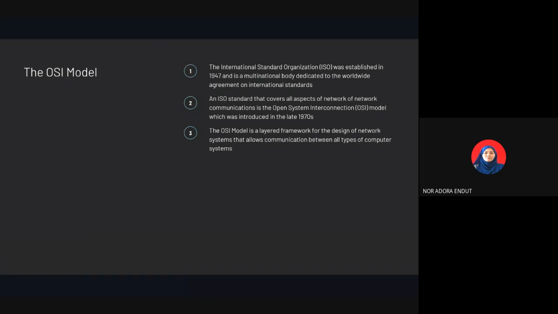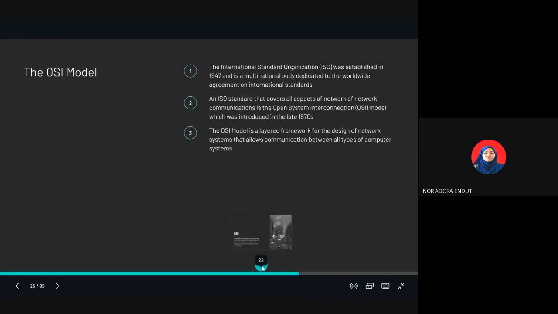So basically dia body yang menggubal apa-apa standard yang semua orang akan guna pakai. So basically the OSI model was introduced in the late 1970s. Most probably zaman ibu bapa kamu kan. So zaman dulu lagi dia dah cipta the OSI model. Tetapi sampai sekarang 2021, 2022, you guys are still learning this because it's still relevant.